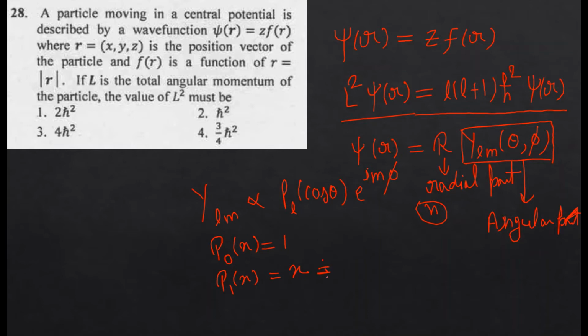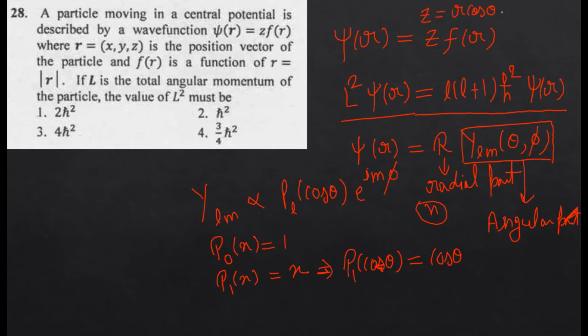Okay, so here our x is cos theta, so P1 cos theta will be equal to cos theta. Now the given wave function is psi r equals z f r. Here z is r cos theta. You know that z is equal to r cos theta.